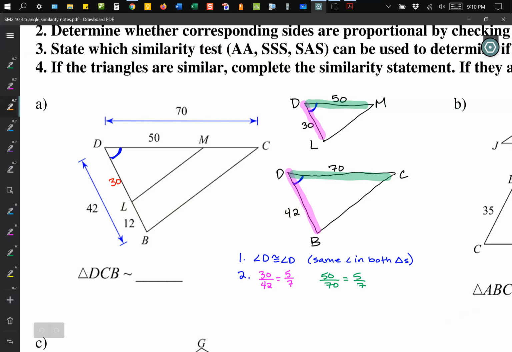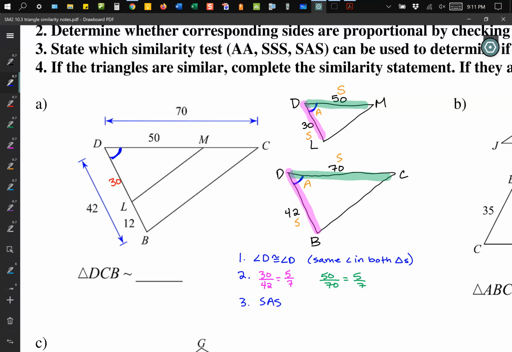Okay, so decide what test to use. Well, what did I have here? I had side, angle, side. Side, angle, side. So I used SAS.